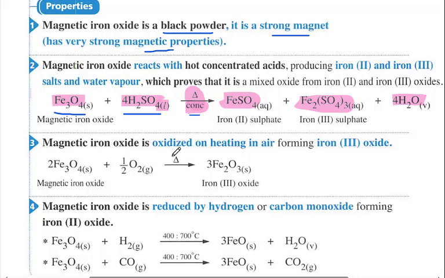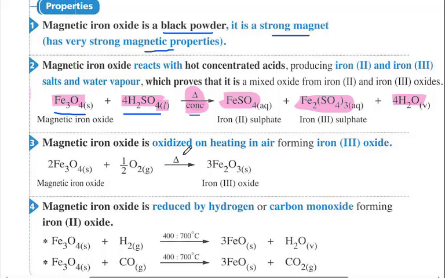Okay, magnetic iron oxide is oxidized into red oxide, or ferric oxide. We can prepare magnetic iron oxide by the reduction of ferric oxide, and the heat is from 230 to 300.